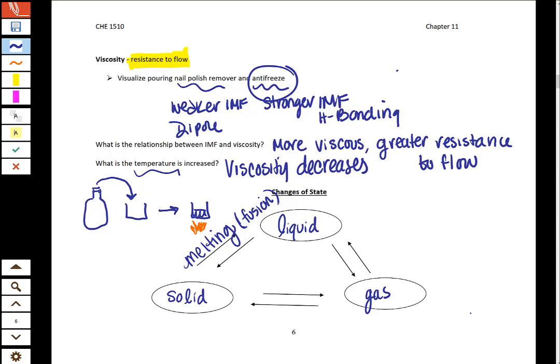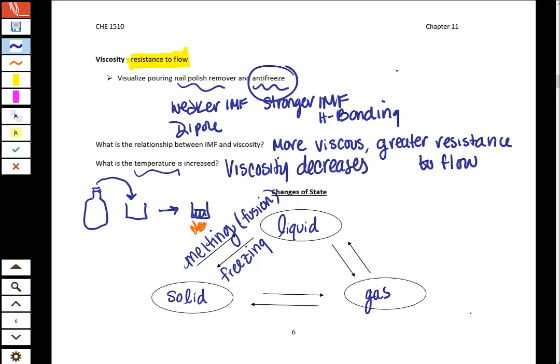If we go the other way, from a liquid to a solid, we call that freezing. Then once we're at a liquid, if that liquid turns into a gas, we call that evaporation.